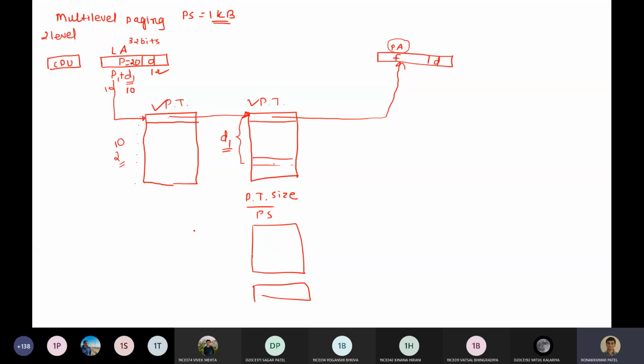So 4 into 2 raised to 20 bytes, that is 4 MB, that you need to load. So instead of 4 MB, now we have reduced it to 4 KB plus 4 KB, that is 8 KB. You can see we have reduced that. This is possible with multi-level paging. Any doubt in this? Then ask me.